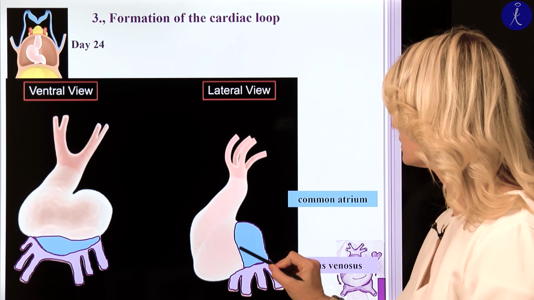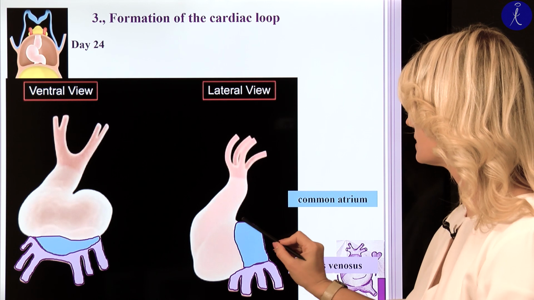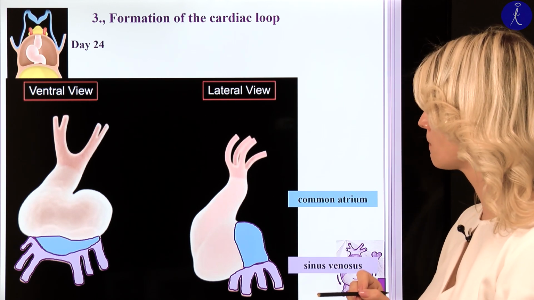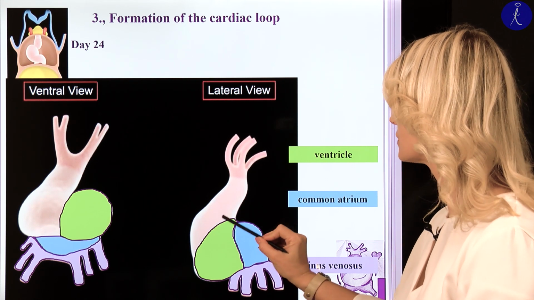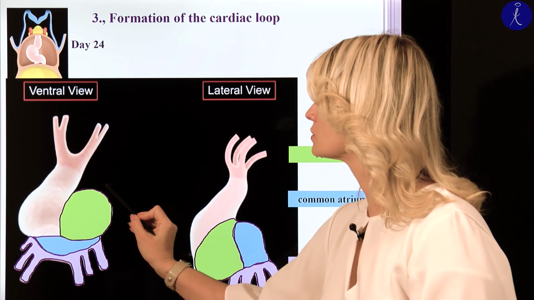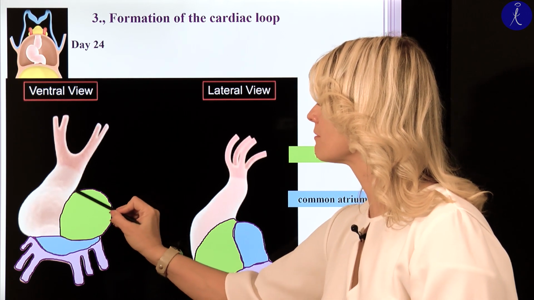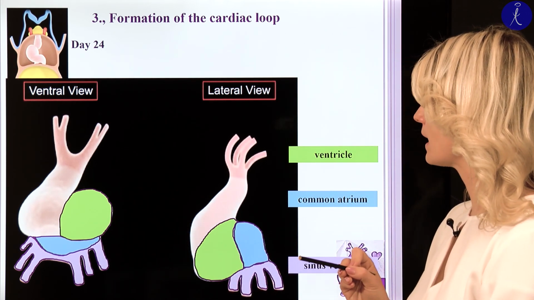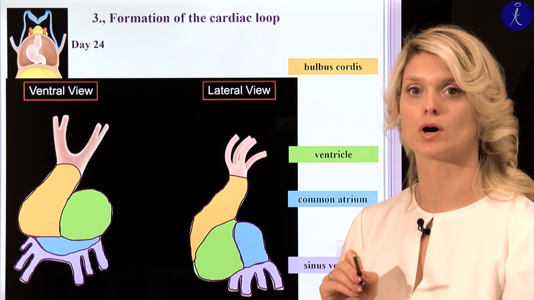After, you can see in the posterior part of this whole primitive heart tube, this is the common atrium. After, we see the common ventricle, which is located on the left side. It will form the left ventricle. And finally, it's visible there, the bulbus cordis.